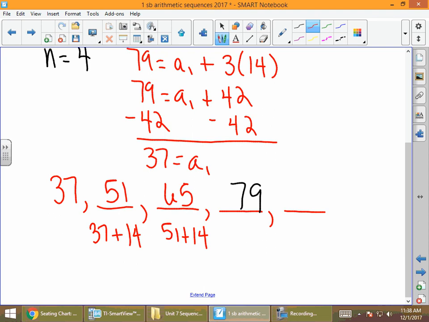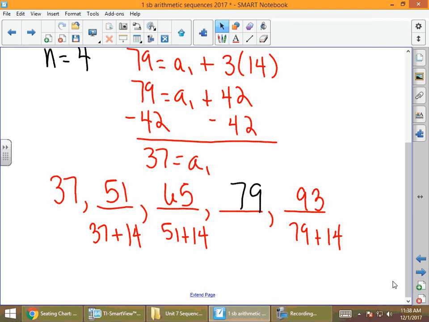Does 65 plus 14 give us 79? And then this one's 79 plus 14, which is 93. Ooh. And I will stop there.